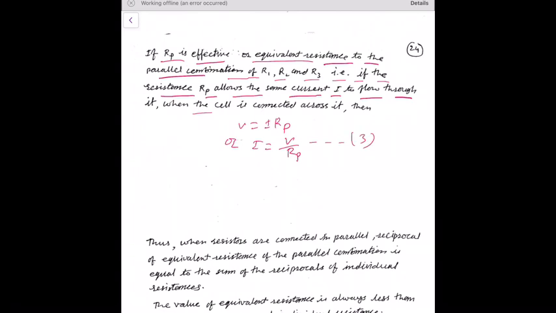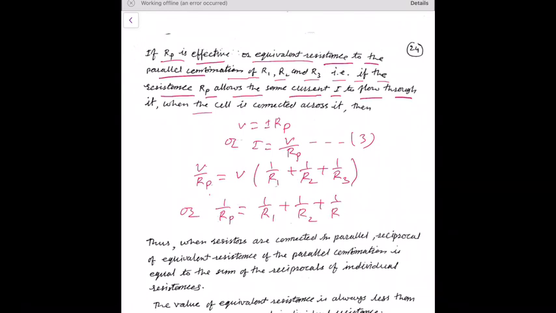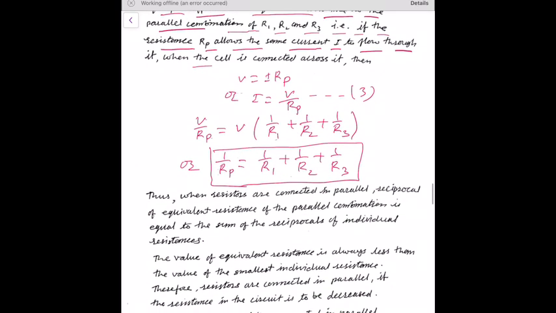It is equation third. From equation second and third, we have V upon Rp is equal to V times (1 upon R1 plus 1 upon R2 plus 1 upon R3), or 1 upon Rp is equal to 1 upon R1 plus 1 upon R2 plus 1 upon R3. It is the equivalent resistance for a parallel combination of resistors.